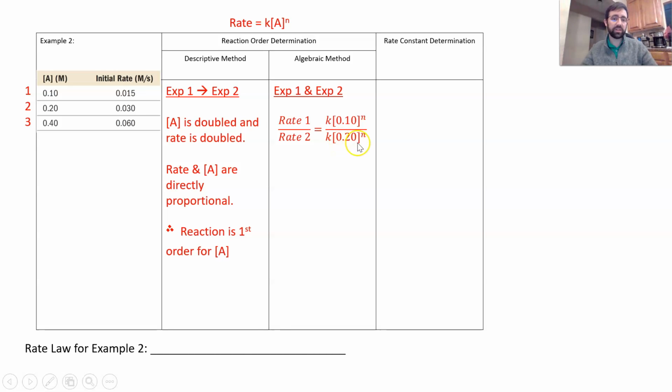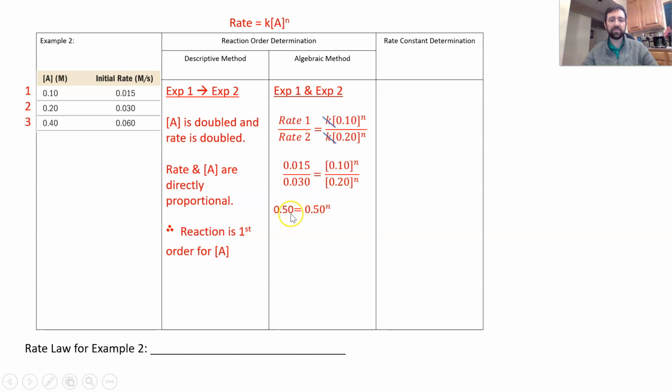There's a couple things that I can do to try to make my life a little bit easier. First of all, we'll plug in these numbers. Rate 1 is 0.015, rate 2 is 0.030. I can also cancel out those k's because it's the same reaction. So I get here, and 0.015 over 0.030 is going to be 1/2 or 0.5. 0.1 over 0.2 is 1/2 or 0.5, but I have to keep that exponent to the n power.